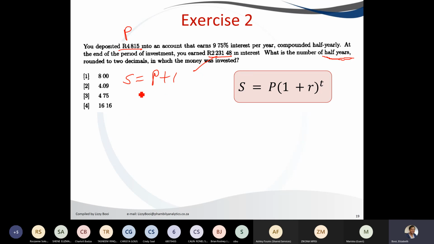So they've given you your future value and the present value. They are giving you the interest, which is your R. They are telling you your compounding periods are half yearly, which is 2. And for how long? It's what we need to be calculating. We need to be calculating T.